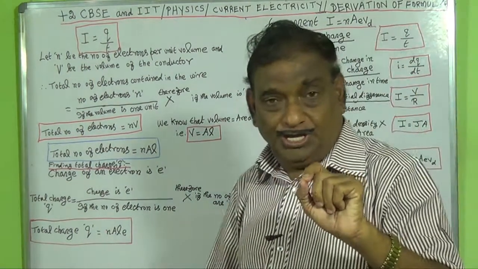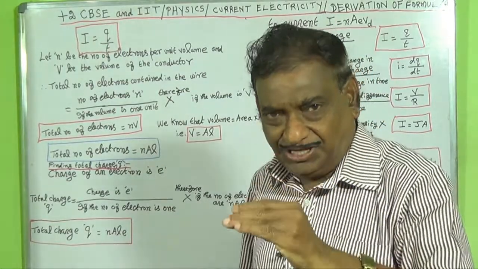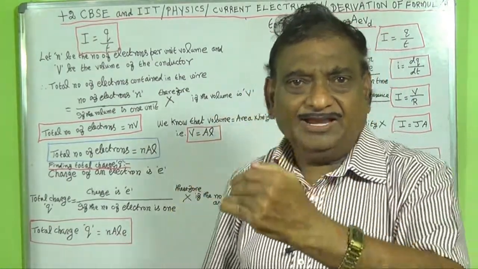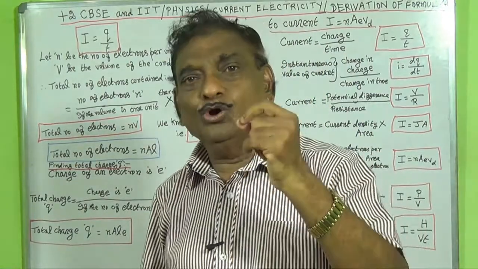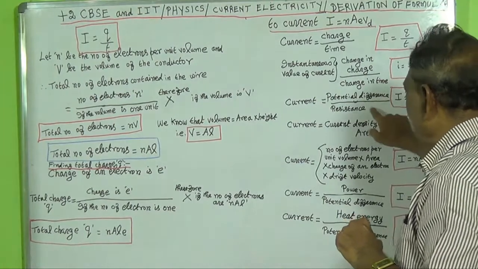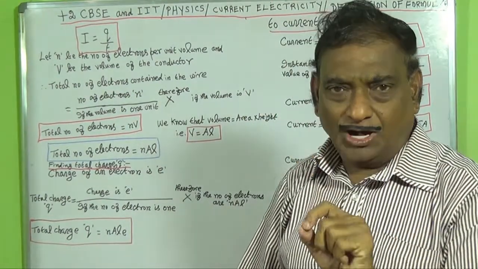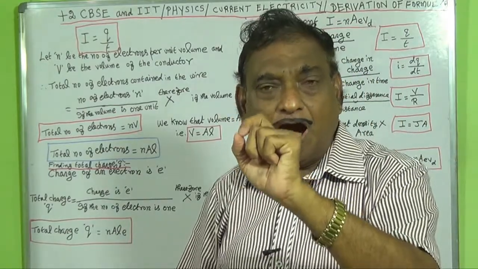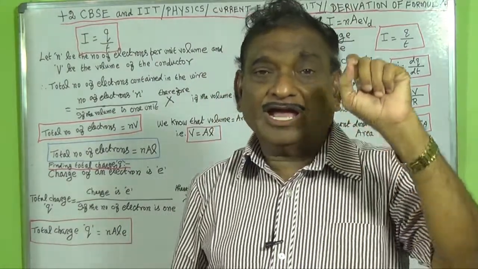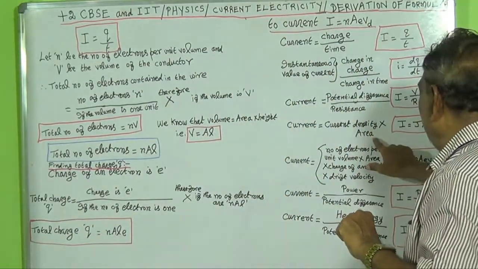Then we are going to see another formula for current relating potential difference and the resistance. We know that the current equal to potential difference by resistance, that is I equal to V by R. Then the formula for the current equal to current density into area.